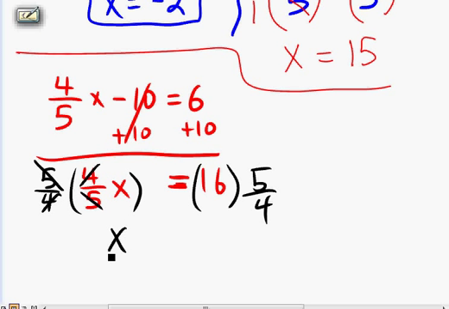You're left with 1x, or just x. On the right side, we have 16 times 5/4. You can think of 16 as 16 over 1. 16 times 5 is going to be 80. 1 times 4 on the bottom is going to be 4. And 80 divided by 4 is going to be 20.